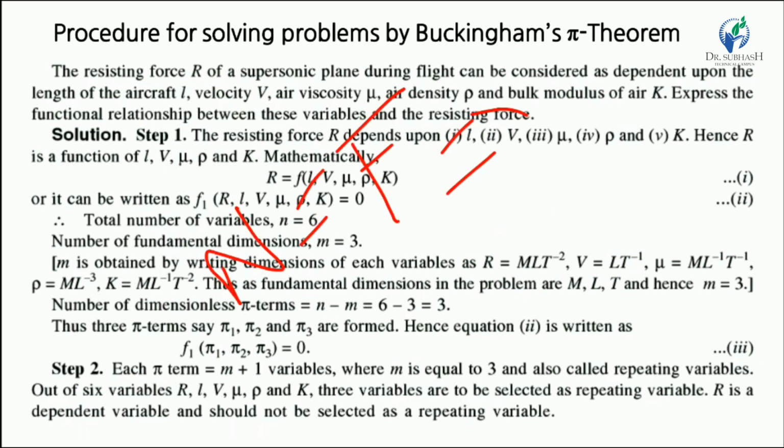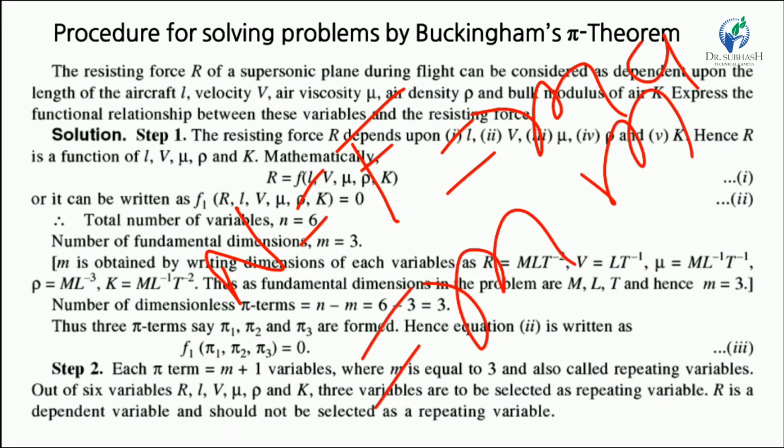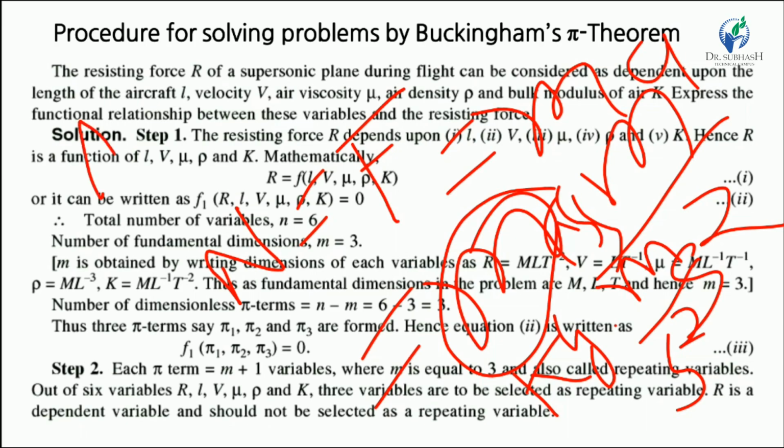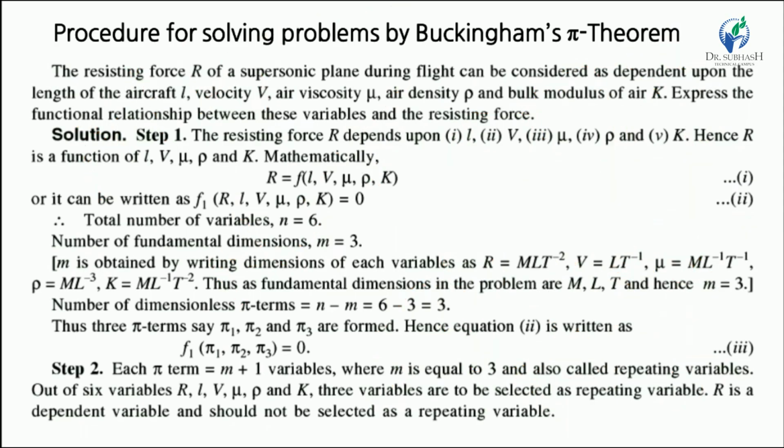Force is mass into acceleration, so kg into meter per second square. So its MLT form is M L T minus 2.